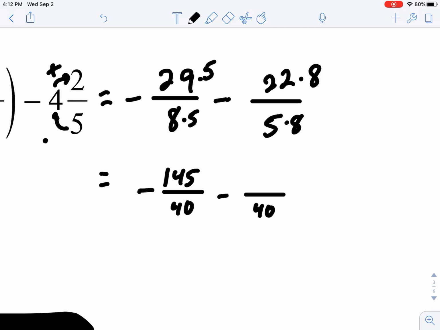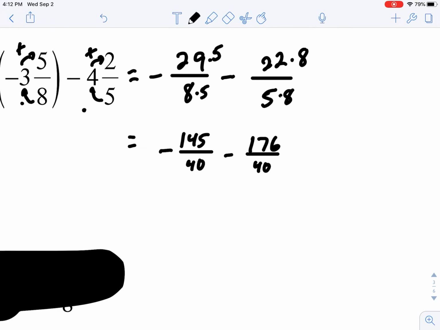And obviously, feel free to grab a calculator. You can have a handheld calculator, or you can split your screen on your iPad and use a calculator if you need to. Anyway, 22 times 8. 20 times 8 is 160. 2 times 8 is 16. So 160 and 16 is 176.